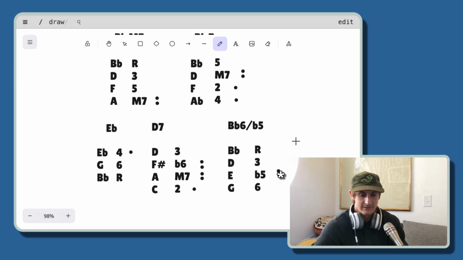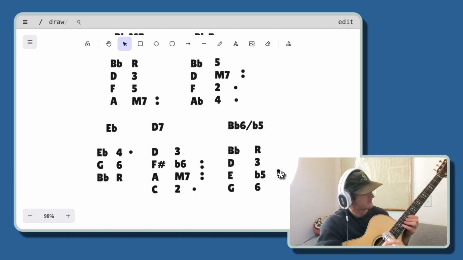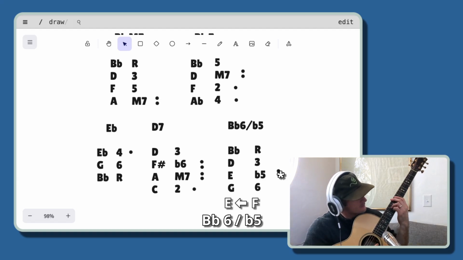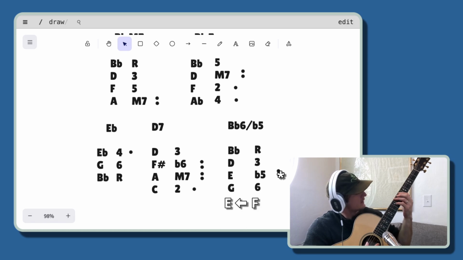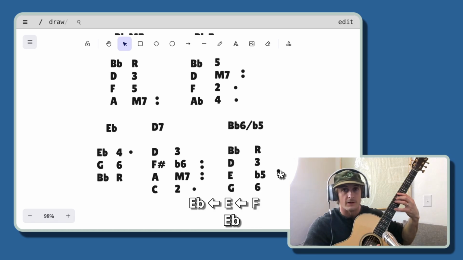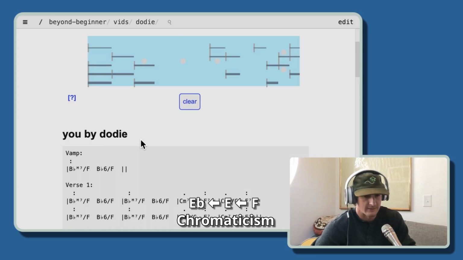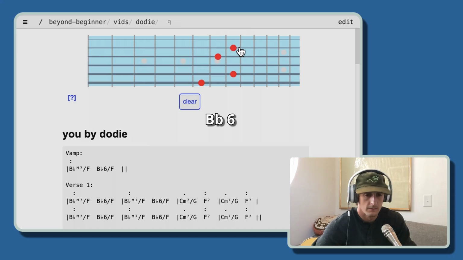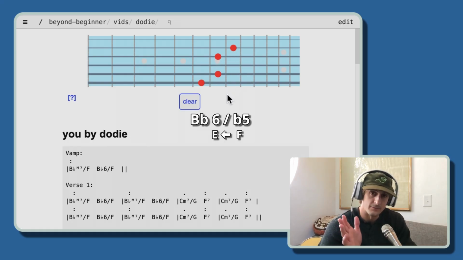And so you have this F, E, E flat. This is called chromaticism. And so if we have our B flat 6, we have our F here, we go to the E to add the flat 5.